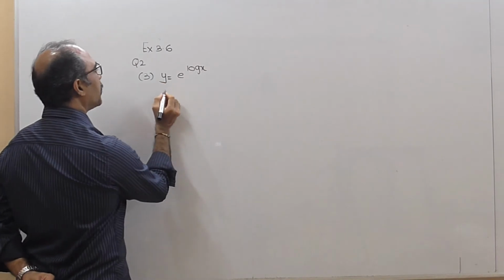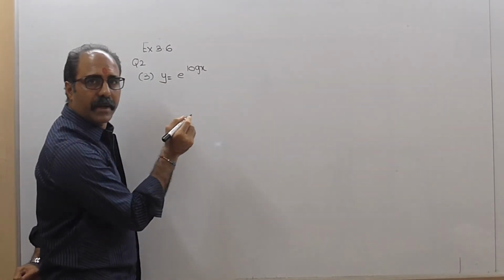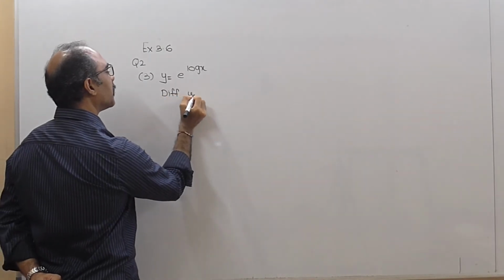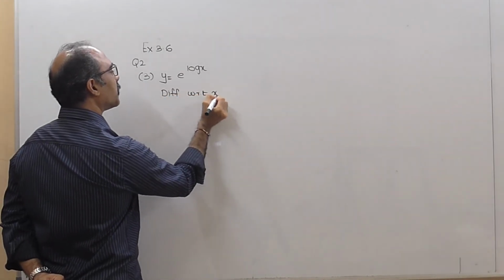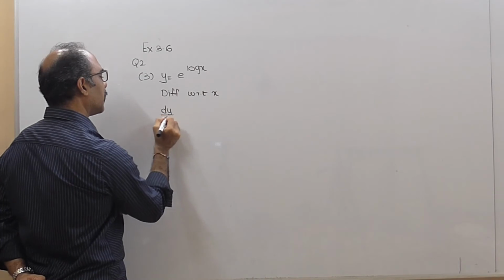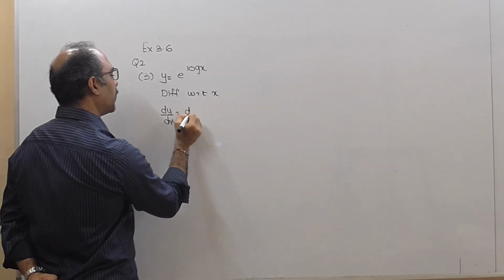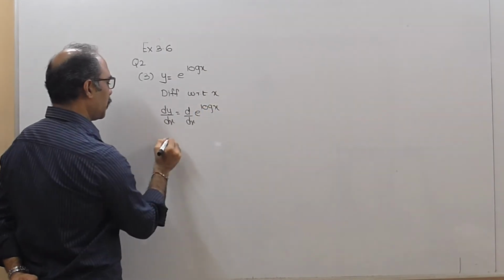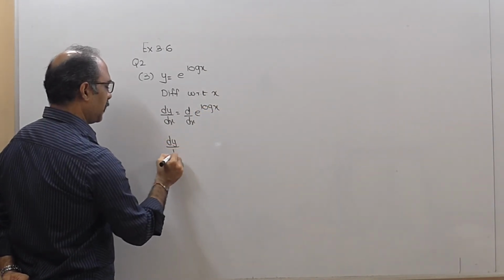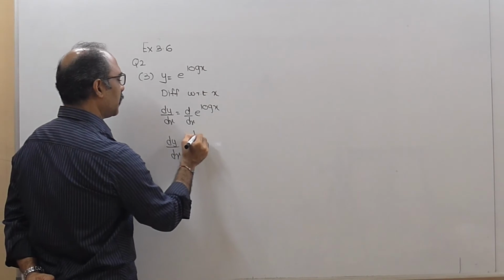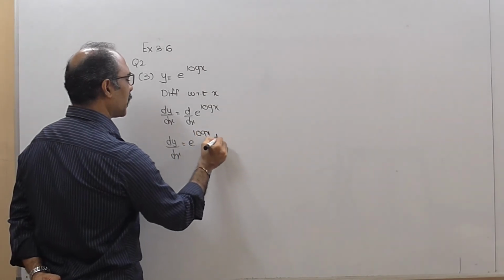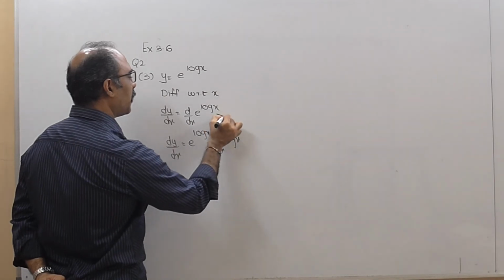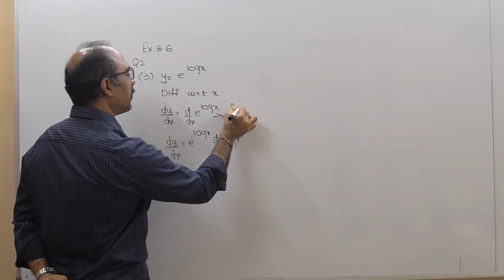y equal to e raised to log x, you have to find d square y by dx square. So I think we can differentiate with respect to x. So we get dy by dx equal to d by dx of e raised to log x. This is in the form of e raised to f of x.